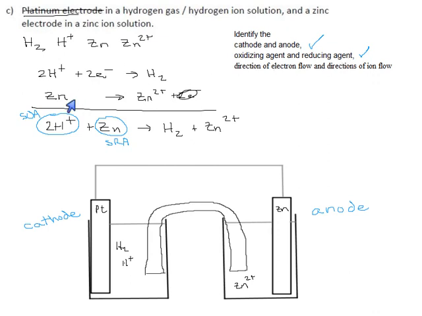Direction of electron flow. Which of these reactions consumes electrons and which reaction produces them? This reaction is zinc spits out electrons, so the zinc is giving out electrons.